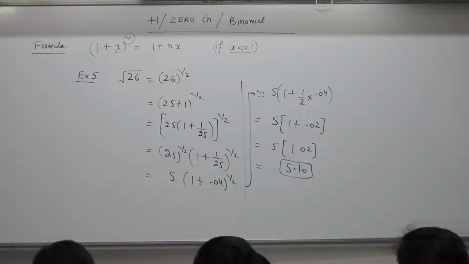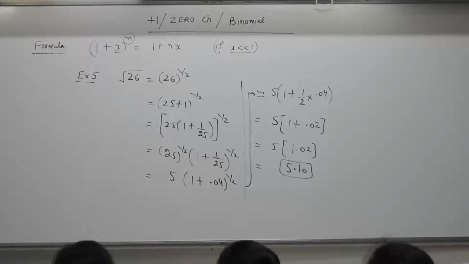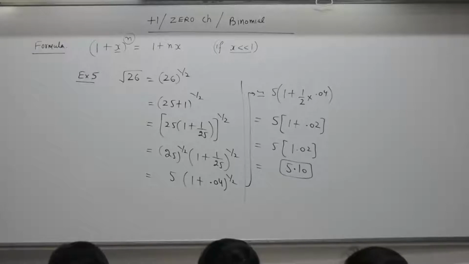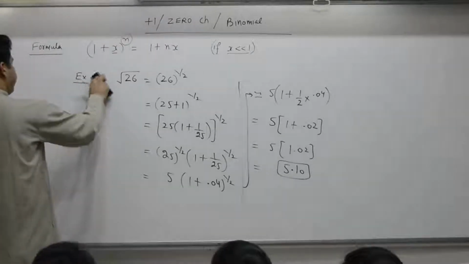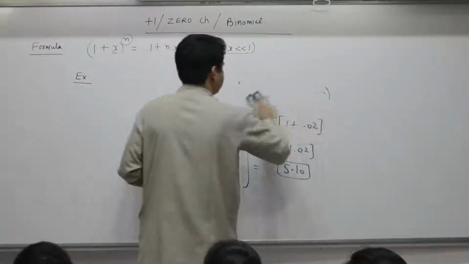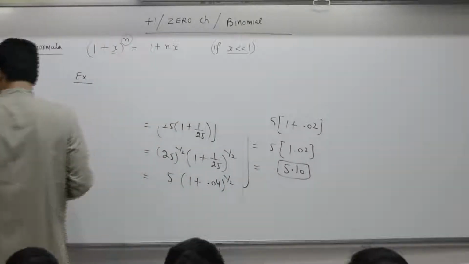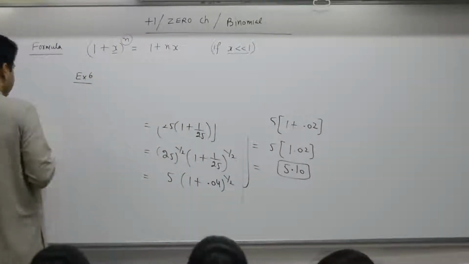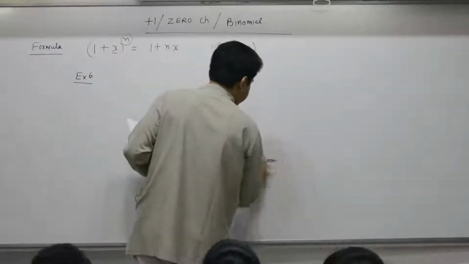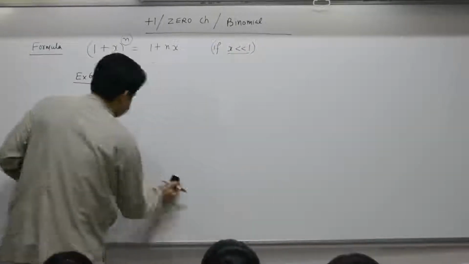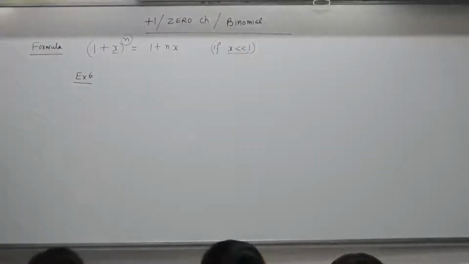You need not refer to the book because the question in the book is up to 4 decimal places, 5.099. Our purpose is up to second decimal place only, that's it. This was example number 5. It is different from the serial number given in the book, so you can just confirm when you take up your homework.